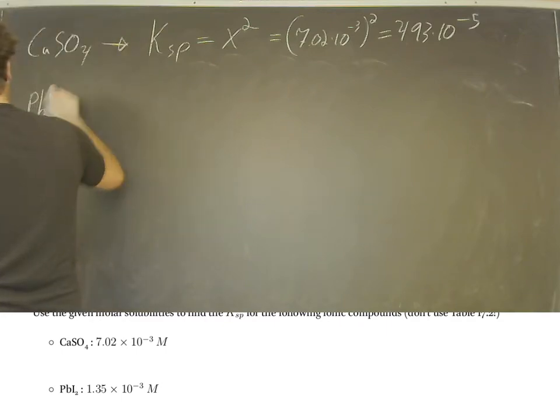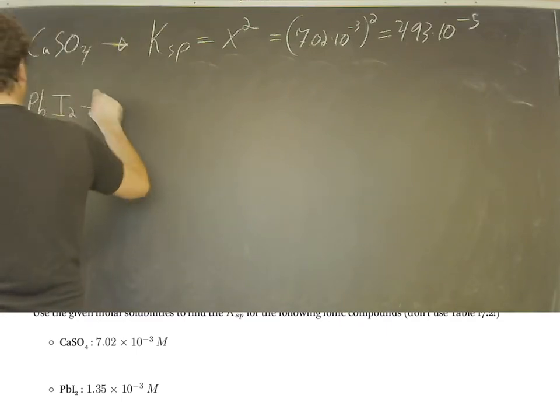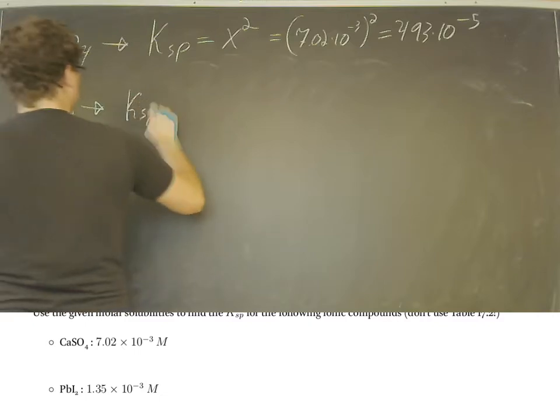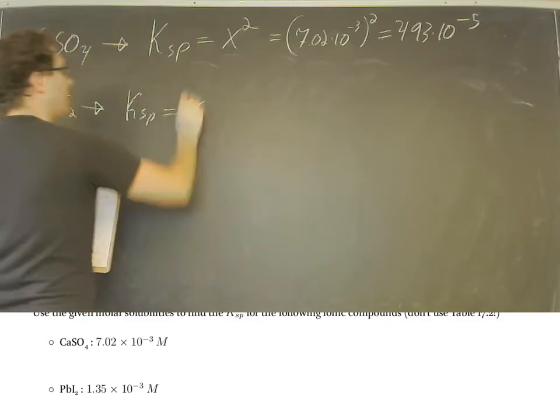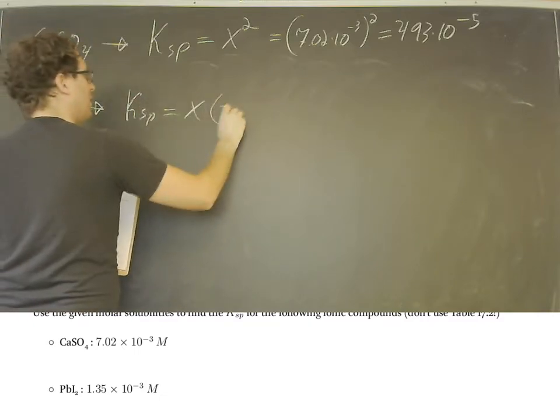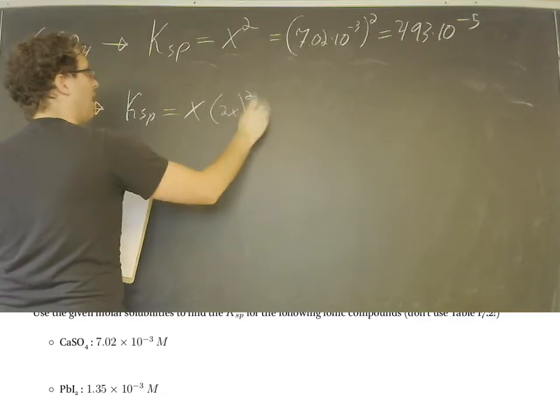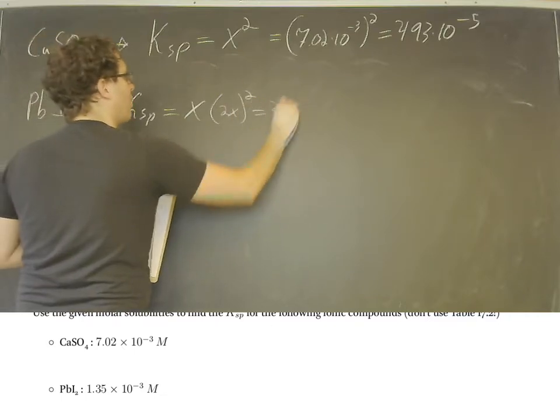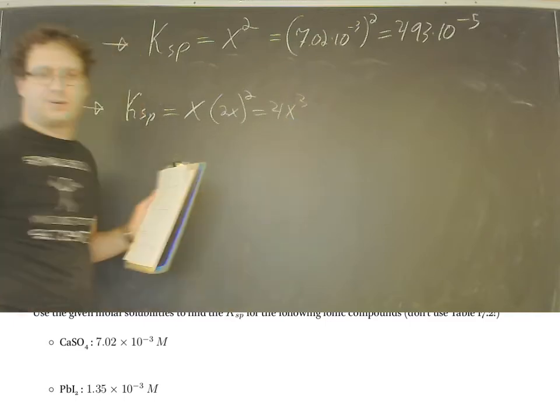Let's look at the lead iodide, PbI2. KSP is going to equal the lead concentration times the iodide concentration. That is 4x cubed. Hopefully this is beginning to look familiar to you.